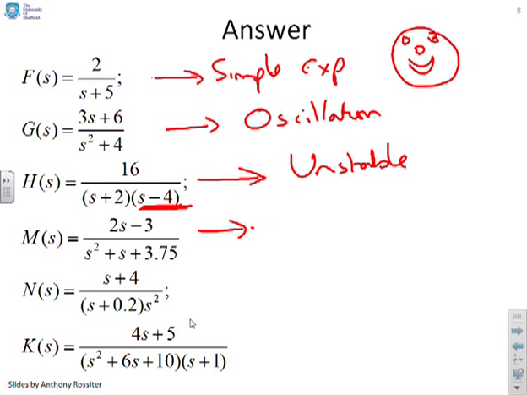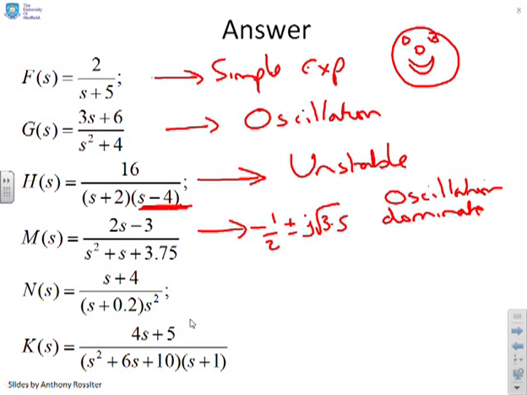This one here had poles at -0.5 plus or minus j root 3.5, and so what you expect is the oscillation dominates the decay. So that's going to have bad behaviour because you've got quite a high frequency of oscillation compared to the speed at which it decays. This one here, you'll notice I've got an s², so this will actually be divergent.